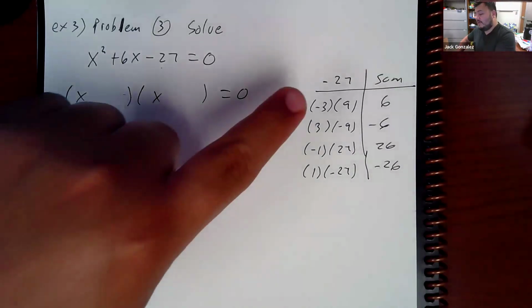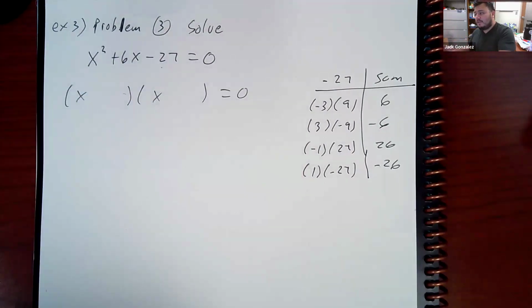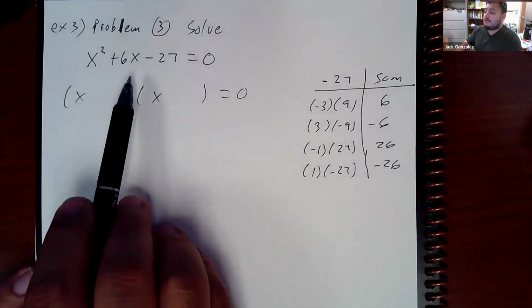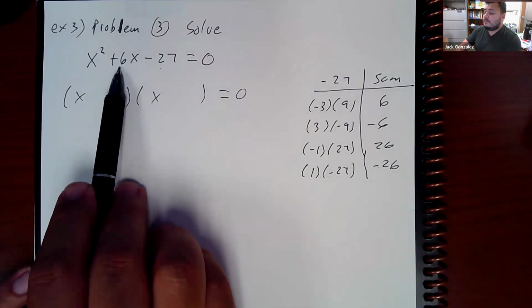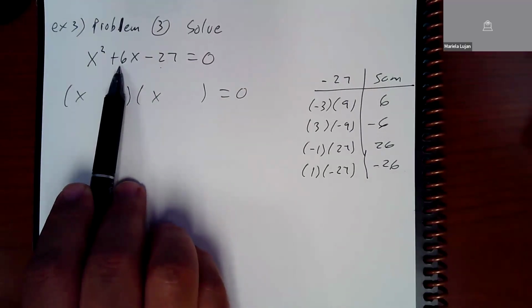So these are all the factors that multiply to -27. But when you add them up, you get these numbers. So which one should I use that add up to 6? -3.